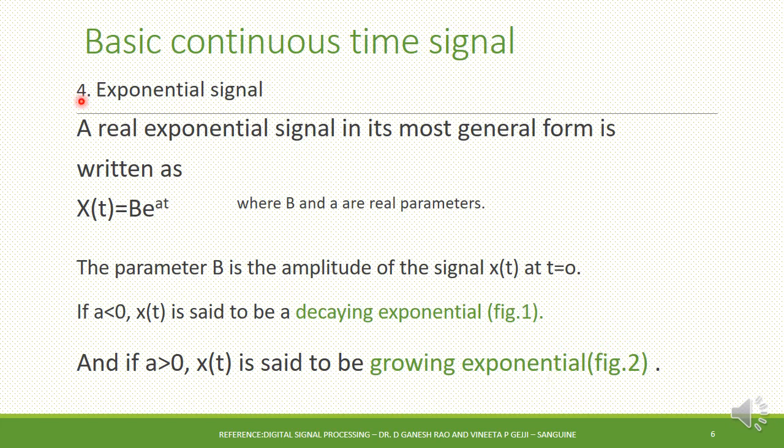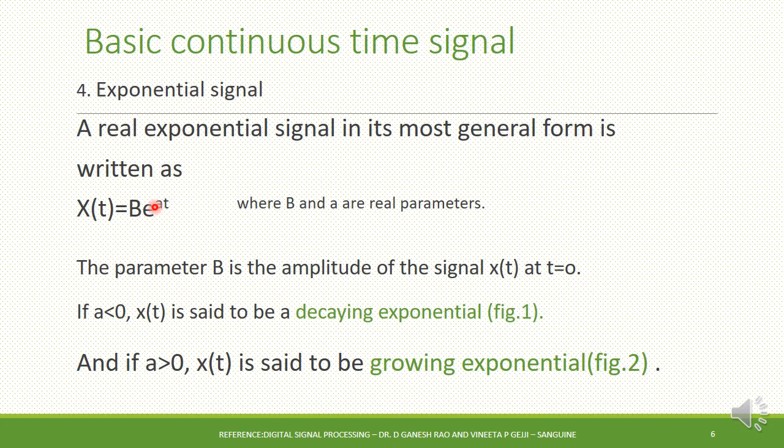Let us revise what we mean by the exponential signal. If the continuous time signal x of t is written as b into e to the power of at, then this is called a basic continuous time signal, where b is the amplitude of the signal at t is equal to 0.